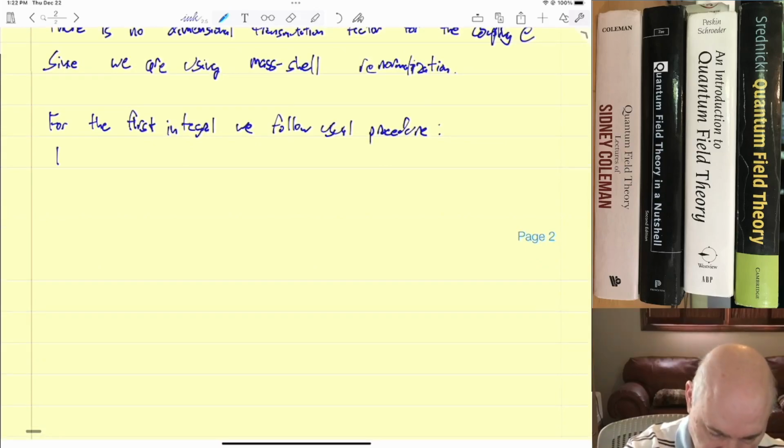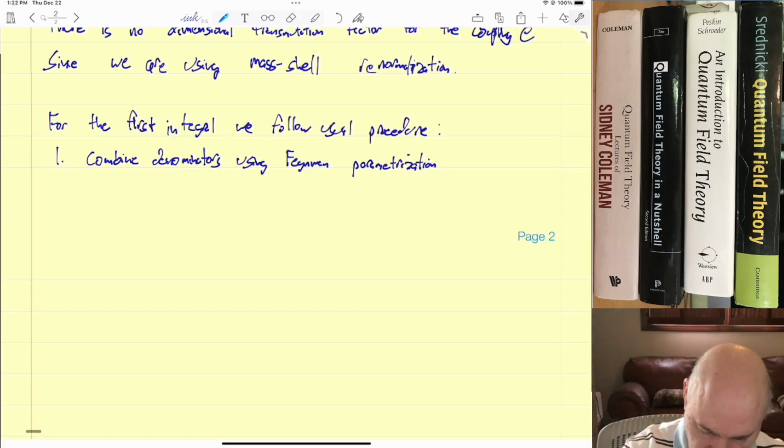So first we combine denominators using Feynman parameterization. Then we eliminate cross terms by shifting the momentum integration variable.